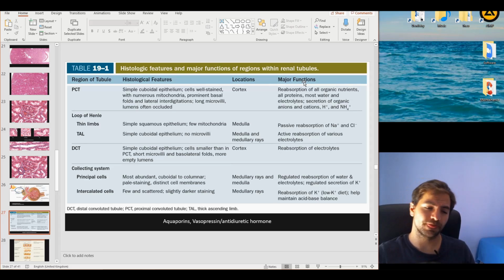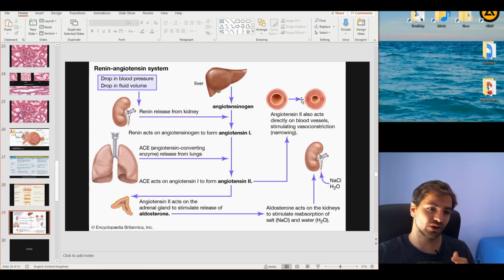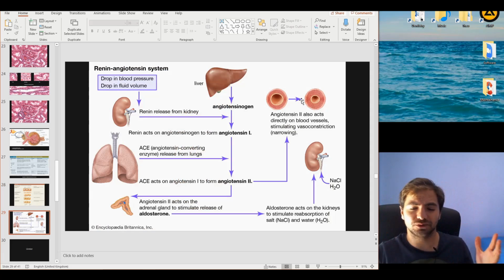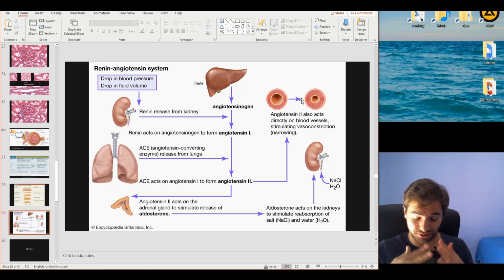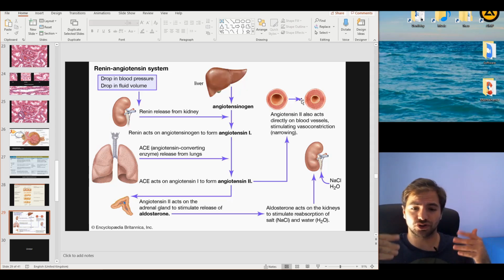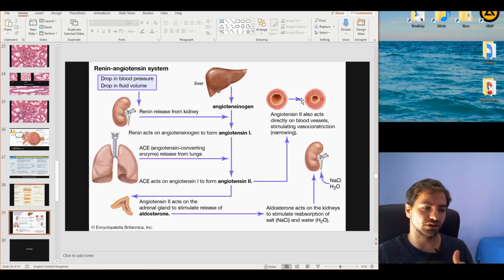This is the first one. Now the second one, the biggest system we'll be discussing all this time, is the renin angiotensin aldosterone system. This is again a specific logic in which we have loss of volume, not necessarily blood, but it is typically found in the loss of blood very commonly.